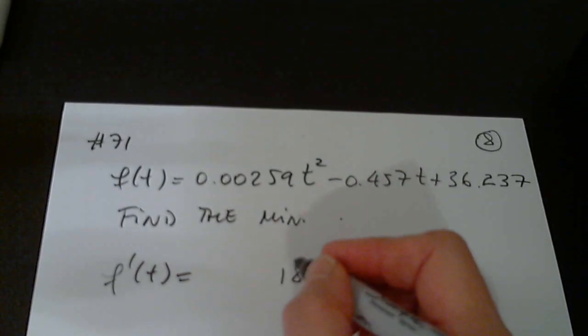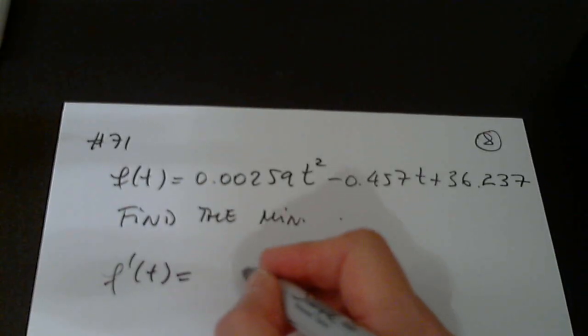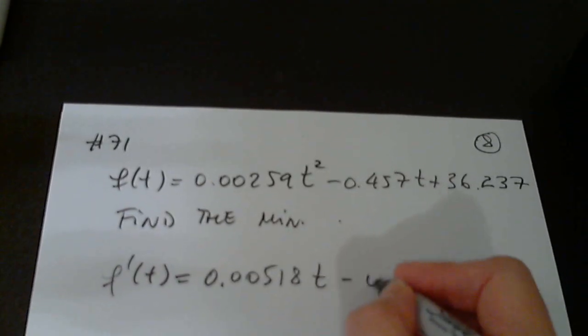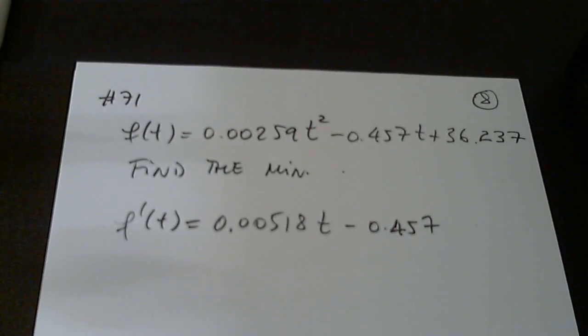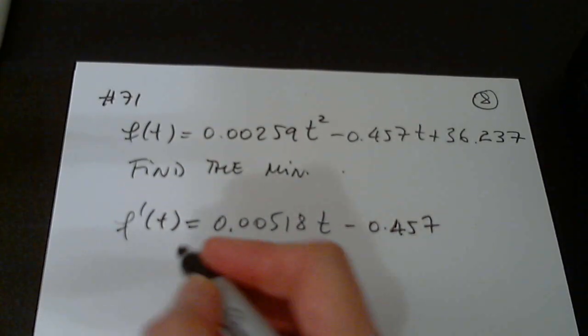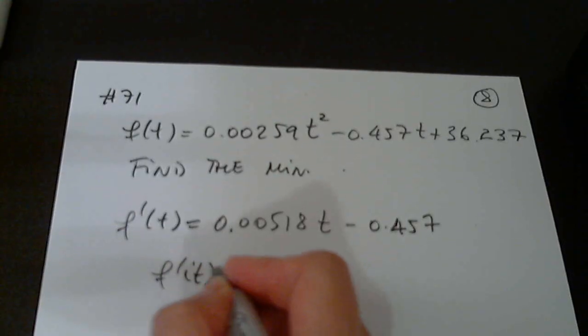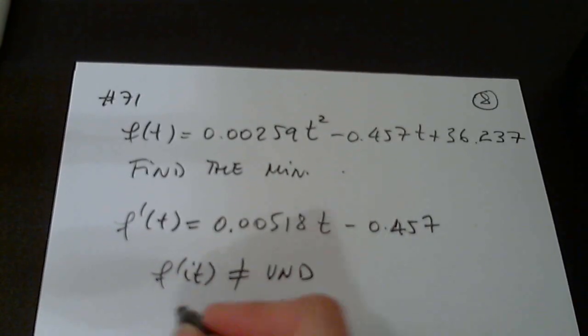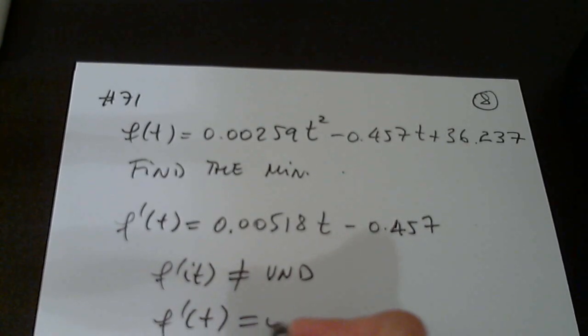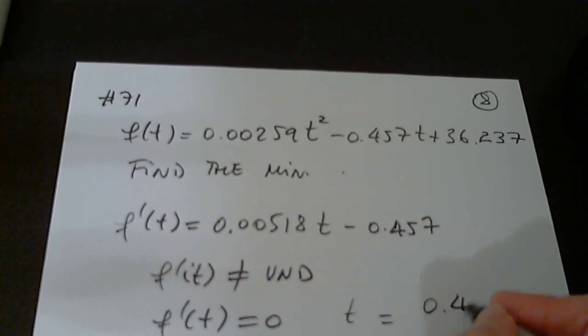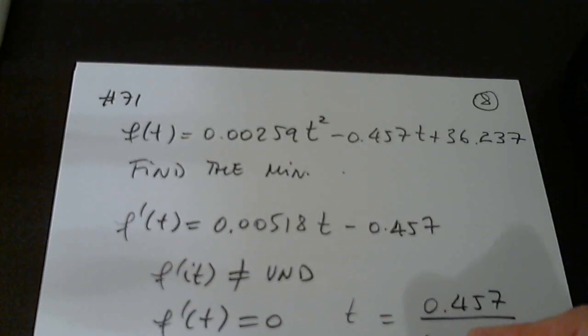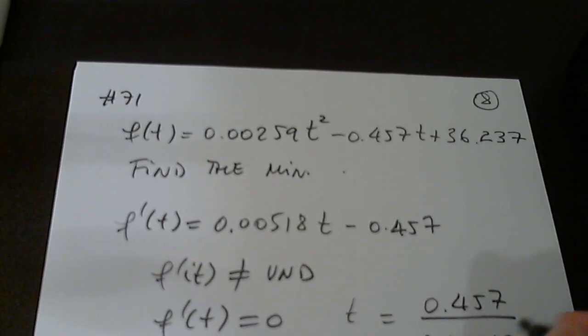So 0.00518 t minus 0.457. There is nothing undefined here, so f prime of t is not undefined, but f prime of t can be 0, which means t equals 0.457 over 0.00518. So let's see what that is.